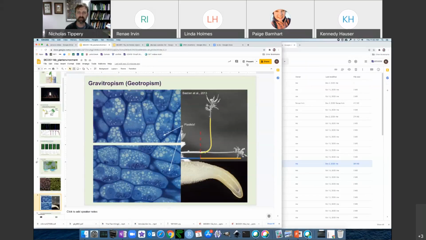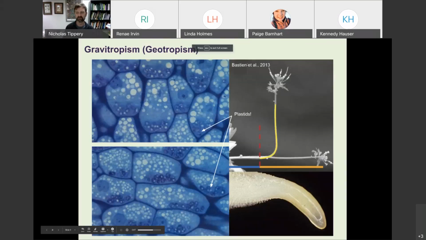One of the ways plants can tell where gravity is is a pretty clever strategy. They have heavier starch grains inside of their cells. And this is something we see in roots. What these two different blue images show are different orientations of the roots, so they're growing more up and down or side to side.